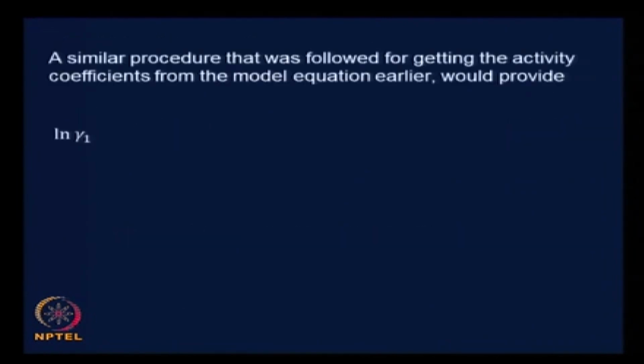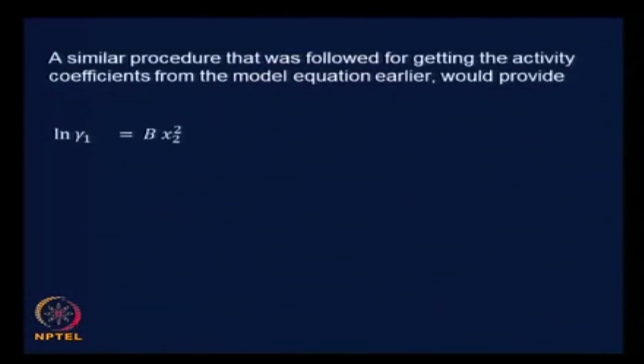Yes, ln gamma 1 equals B x2 squared, equation 437, and ln gamma 2 equals B x1 squared, equation 438.